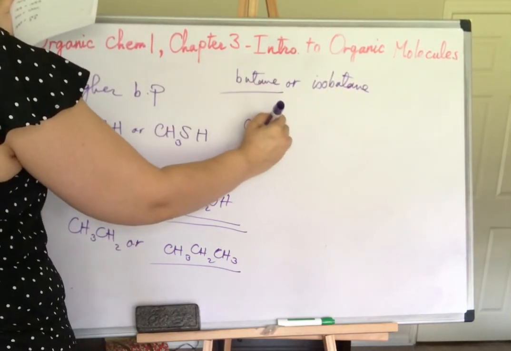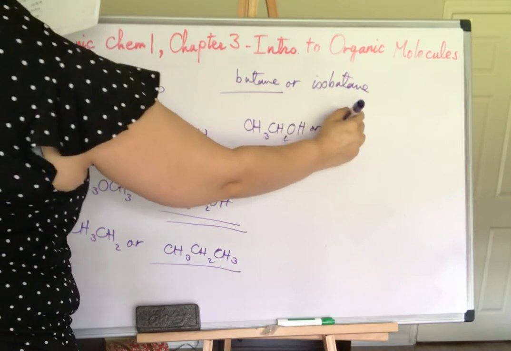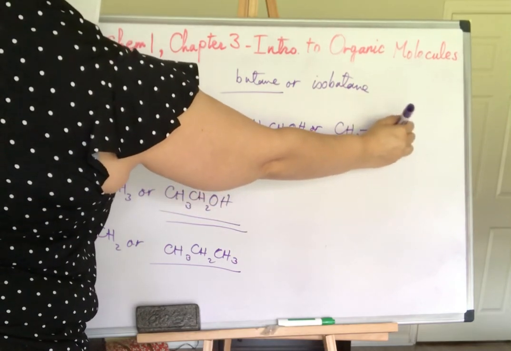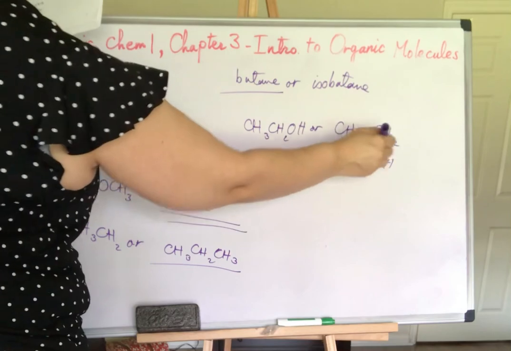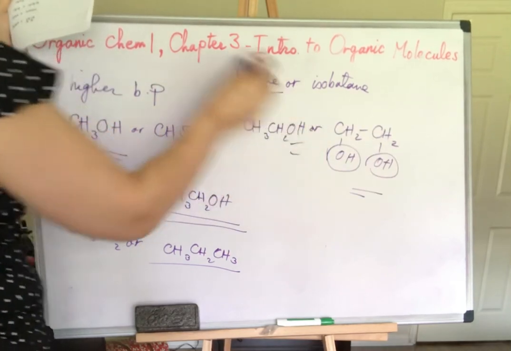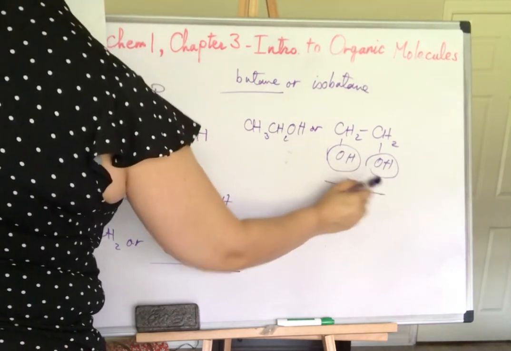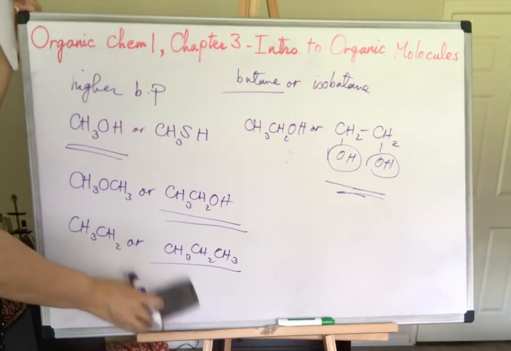Between CH3CH2OH or CH2OH, which one? You have two sites for hydrogen bonding versus just one. So this one has higher boiling point for sure.